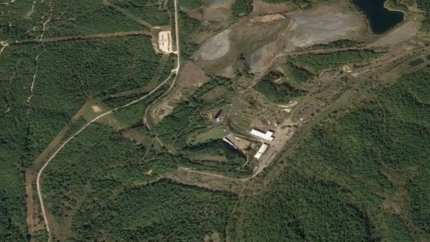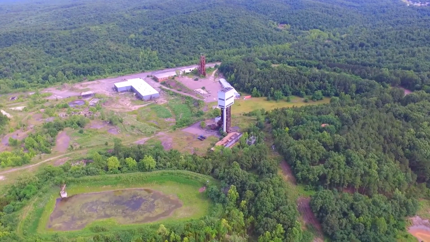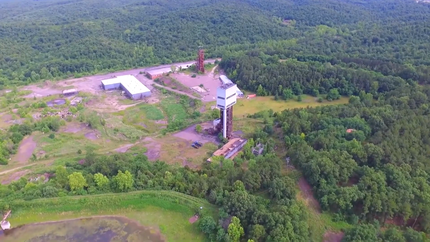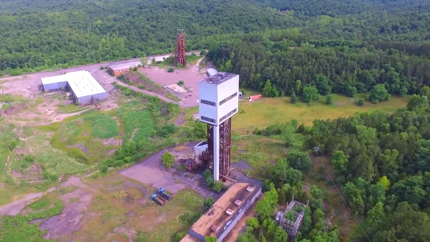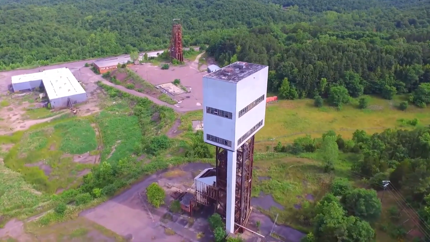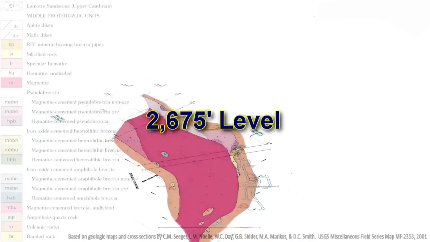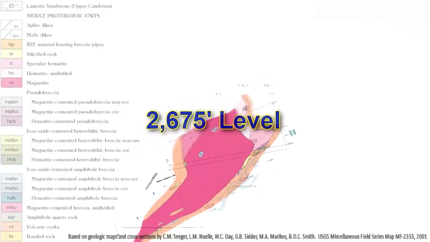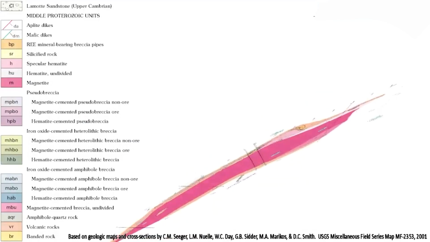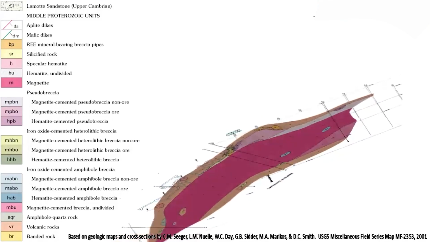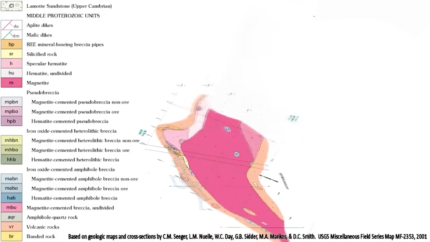The Pea Ridge mine is located near the town of Sullivan in southeastern Missouri. The mine produced high-grade iron ore concentrate, as high as 70% magnetic iron, from 1964 until 2001. This video shows a series of two-dimensional mine-level maps and cross-sections as three-dimensional panels within a rotating display. The original CAD drawings were generated by Doe Run Mining Company, the Missouri State Geological Survey, and the United States Geological Survey.